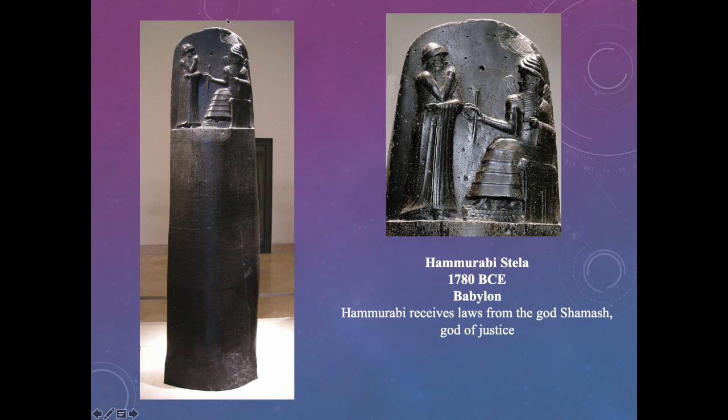To give one example, we are going to look at the Stela of Hammurabi from about 1780 BCE. It was made in Babylon. And we see at the top of the stela that Hammurabi is said to receive the laws from the god Shamash, the god of justice.